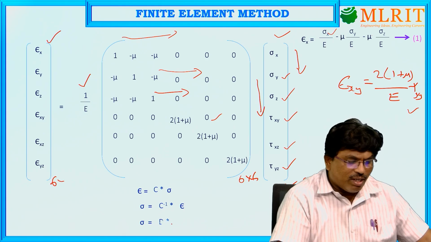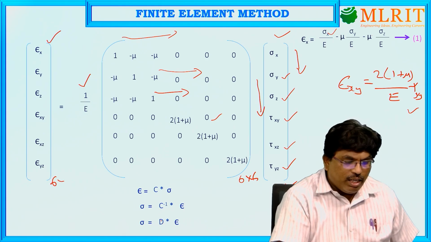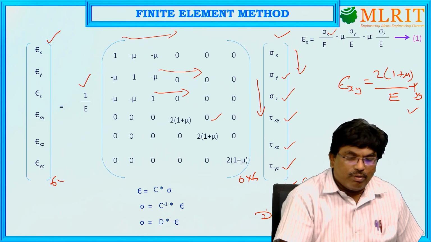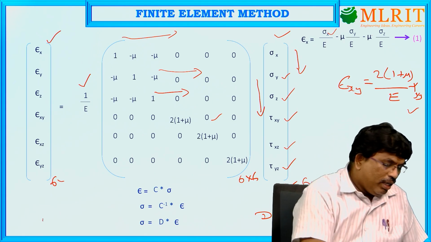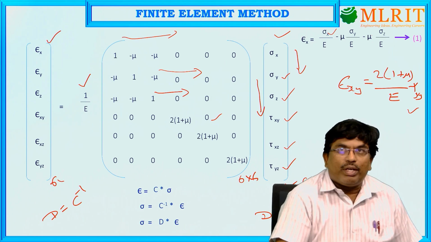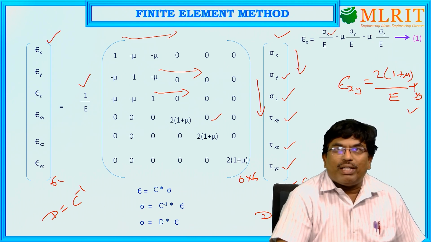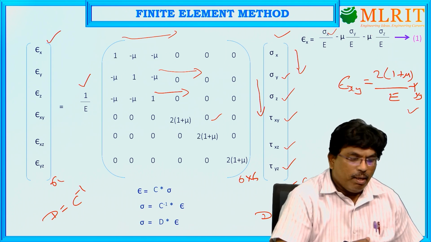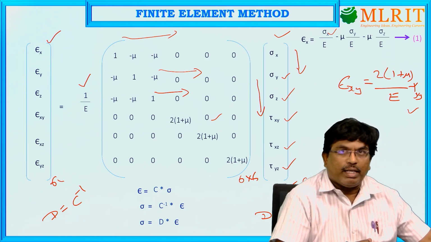This C inverse we can take as D, so D equals C inverse, and we can call this D the material properties matrix.